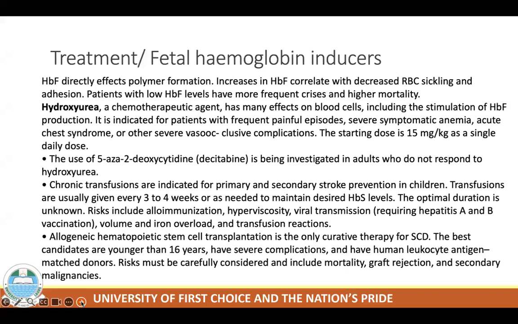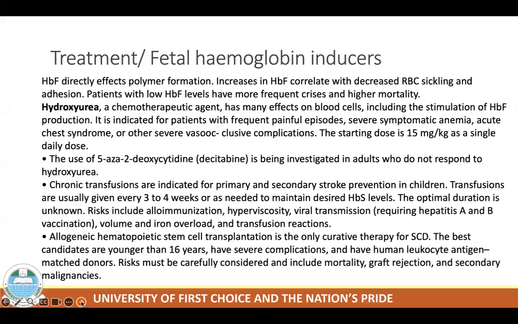Treatments with fetal hemoglobin inducers. So remember that this is a condition with underlying genetic abnormalities, right? So in most cases, we know that, at least for now, we will not be able to get rid of the underlying condition, but we can ameliorate its effects, right?